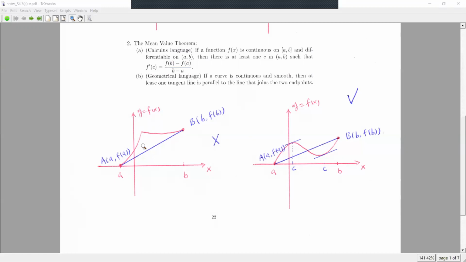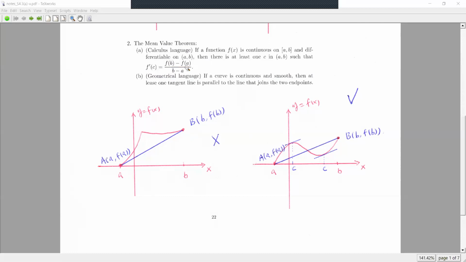This curve doesn't satisfy smooth everywhere over the interval a b. So on this curve, you cannot find a c where the derivative is equal to this number. Derivative is the slope of the tangent line. This number is the slope of the broad line.